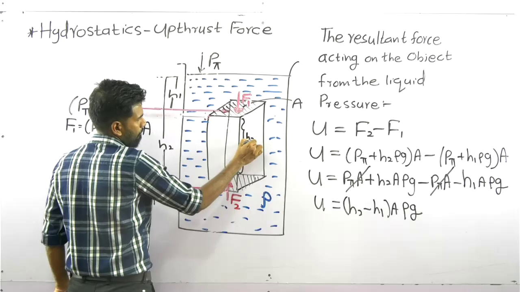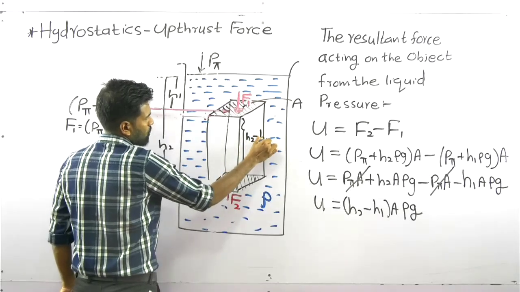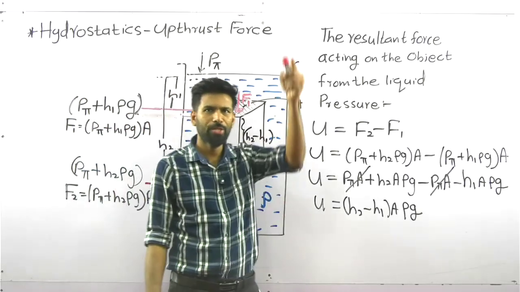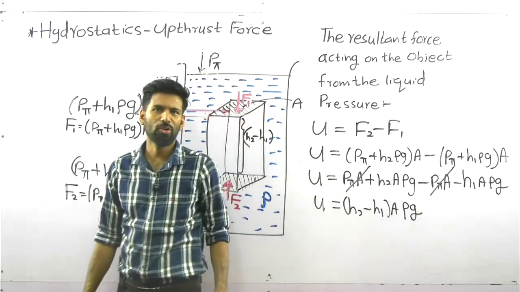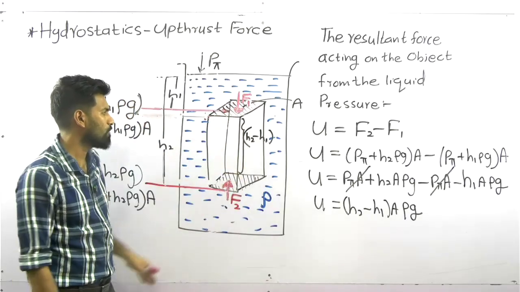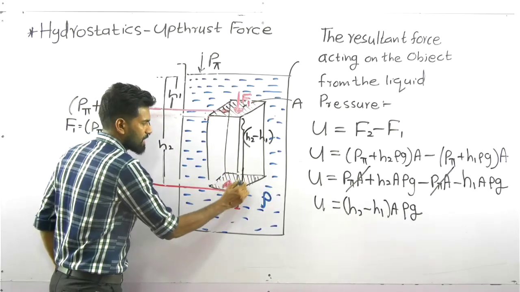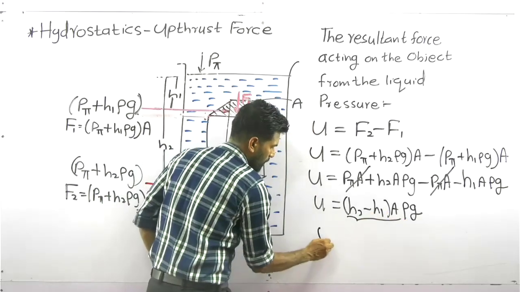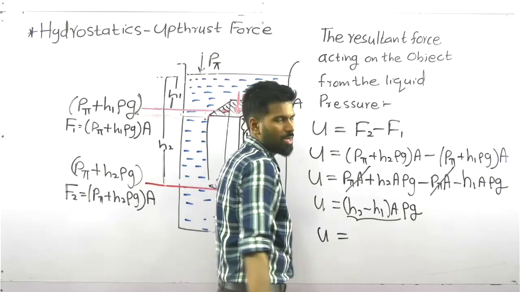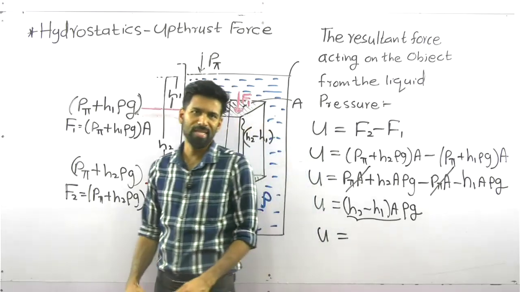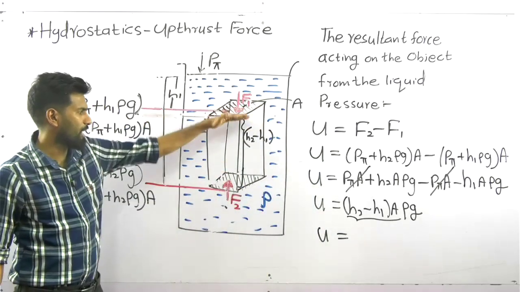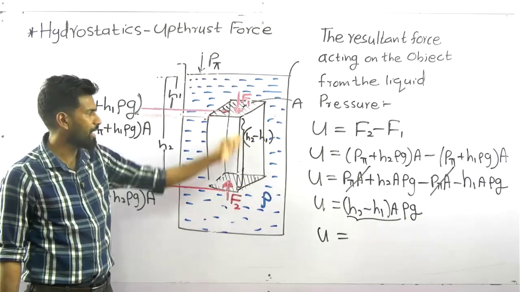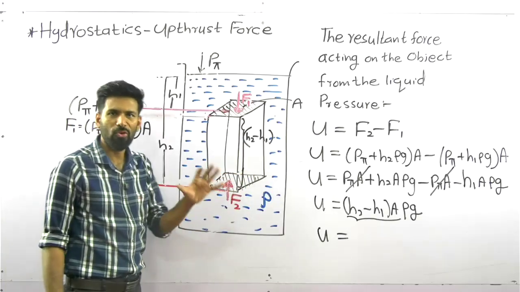You multiply it by the surface area A. It is the volume. Remember this volume: H2 minus H1 multiplied by the surface area. Height multiplied by the area is the volume of the object.